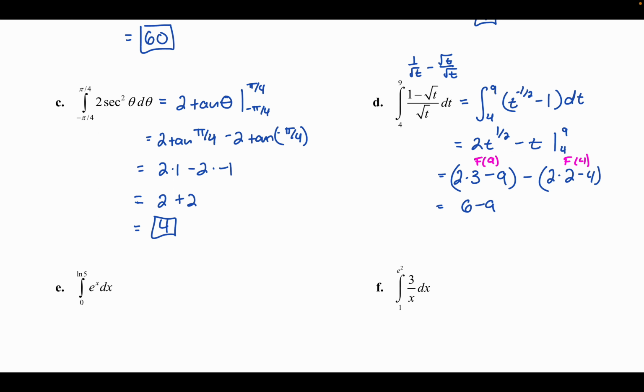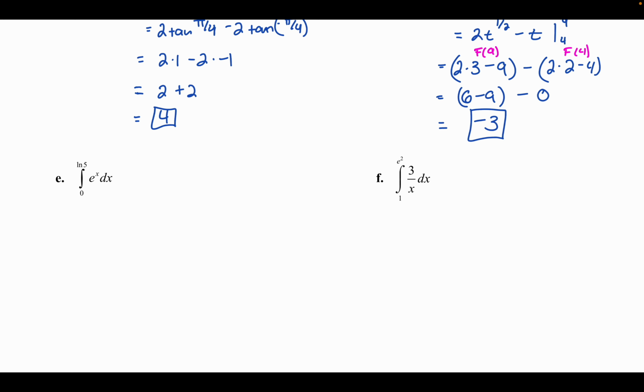This is 6 minus 9 minus 0. This is negative 3. Just as a reminder, what we have just found is that the area underneath this graph from 4 to 9 is negative 3. So we're doing something quite complicated, actually.